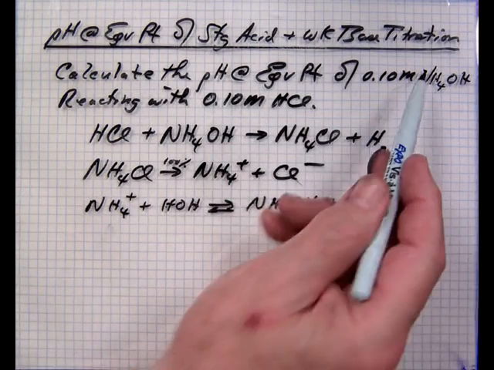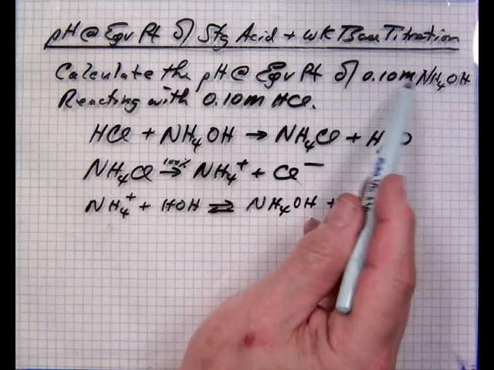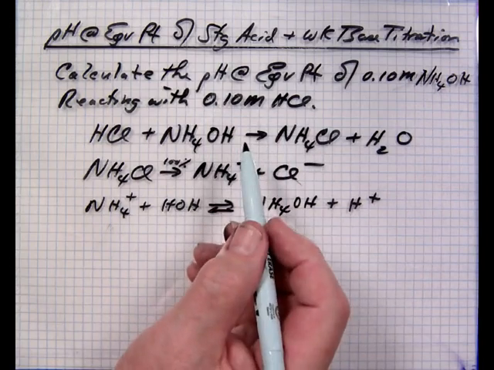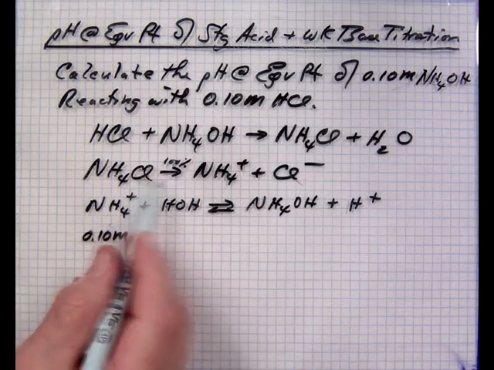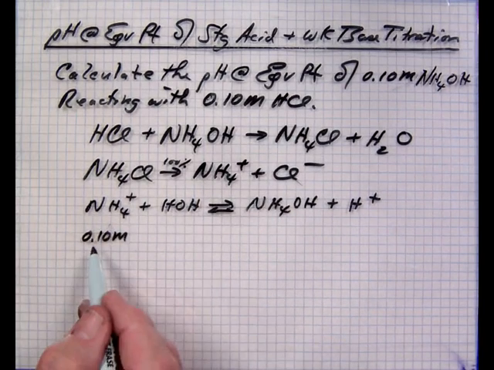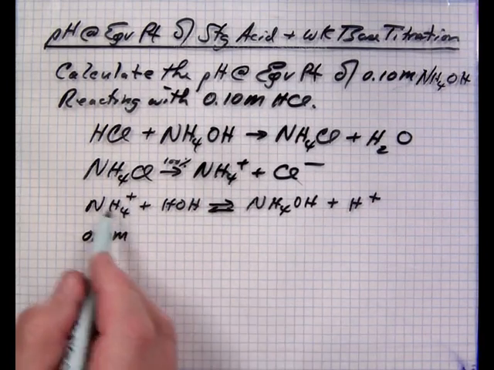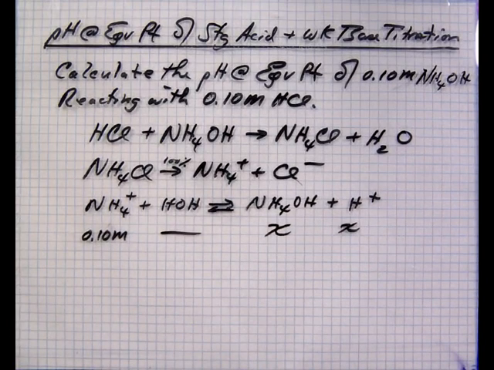In this case, we've already gone to the molarities, so if you react 0.1 molar ammonium hydroxide with 0.1 molar HCl, you're going to get 0.10 molar in salt, which ionizes 100% to produce 0.10 molar in ammonium ions. This will turn around and react with water and produce certain quantities of ammonium hydroxide and hydronium ions, which will affect the pH at the equivalence point.